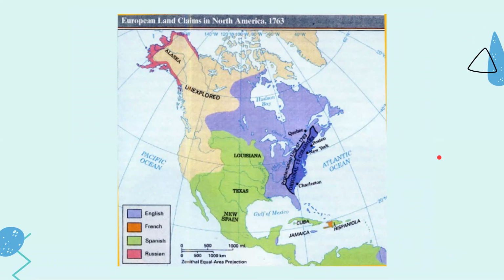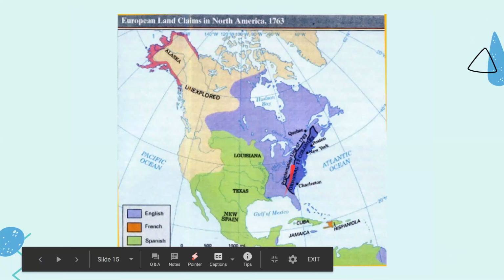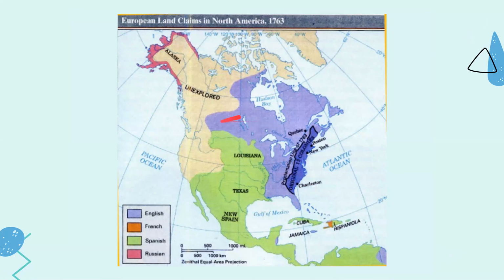So now we have European land claims in America. So once again, we see the English with this huge amount of land up here. France actually ends up taking a good portion of this away from the English later on. We see the original 13 colonies right here. Oh, my bad. This is 1763.